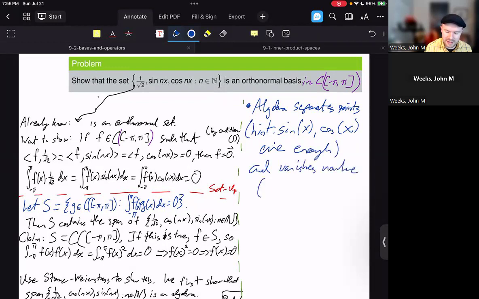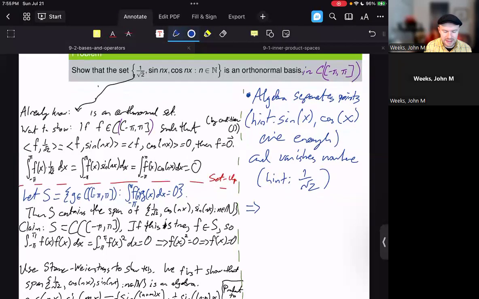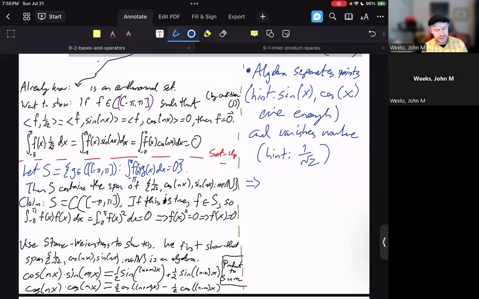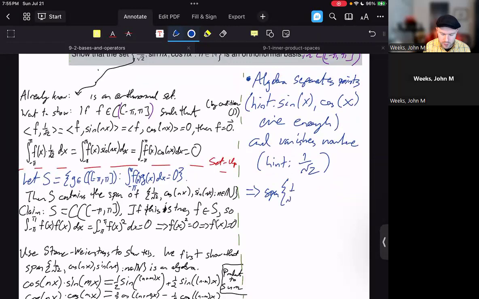The hint there is that you have the function 1 over square root of 2, which would vanish nowhere on that space. That means that the span of these elements, 1 over square root of 2, cosine nx and sine nx, is dense in the continuous functions by Stone-Weierstrass.